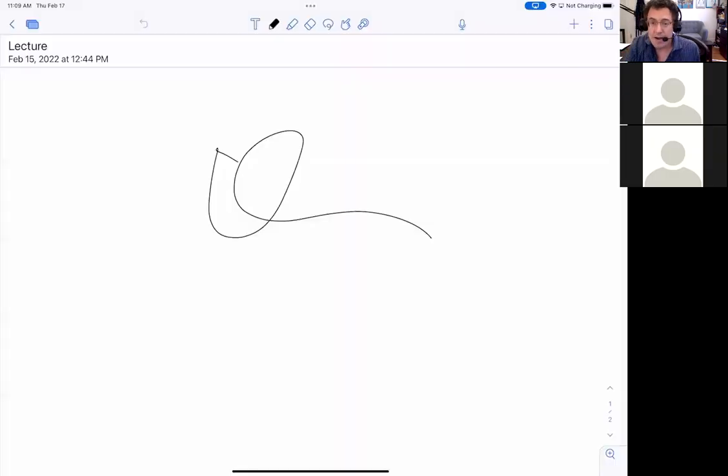All right, share screen, iPad. Mirror. All right, can you guys see the squiggle?